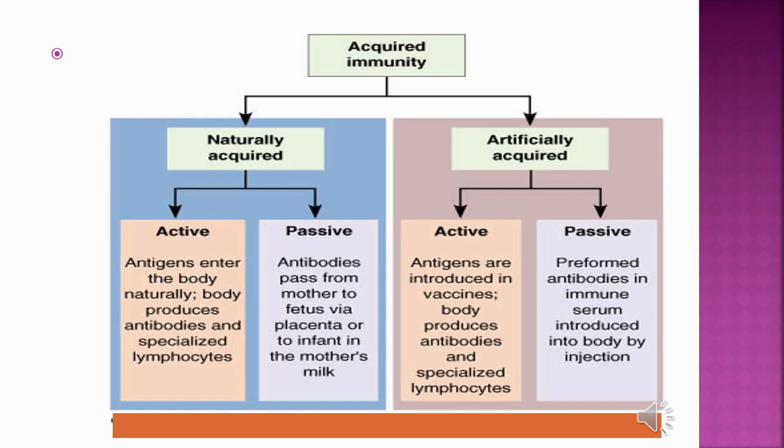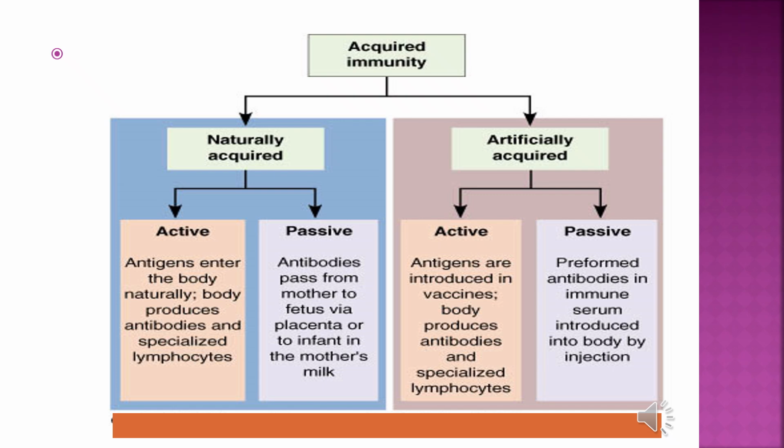Now we will see acquired immunity. Acquired immunity is divided into naturally acquired and artificially acquired, and naturally acquired is again divided into active and passive. So we'll see examples of active and passive. In naturally acquired active immunity, antigens enter the body naturally, and the body produces antibodies and specialized lymphocytes.